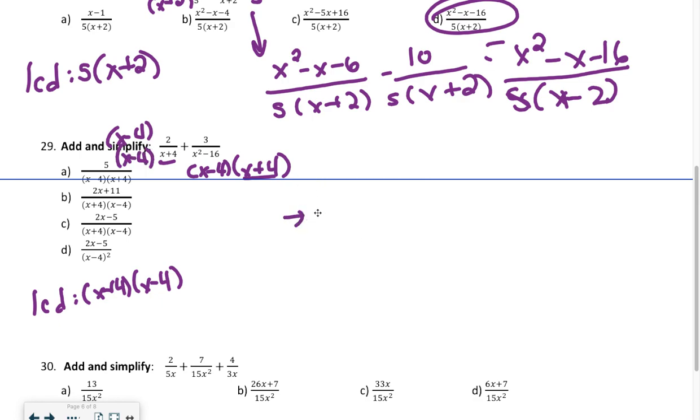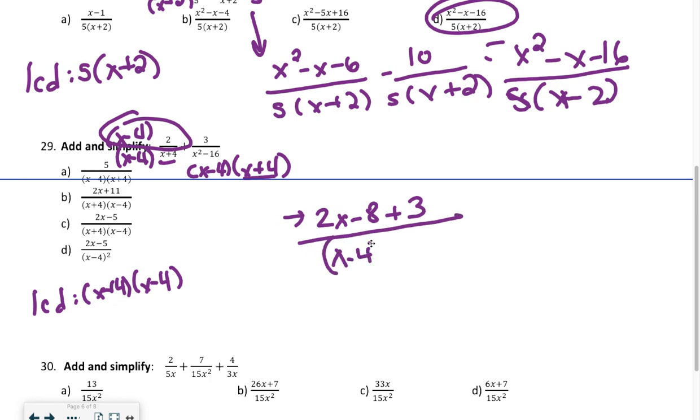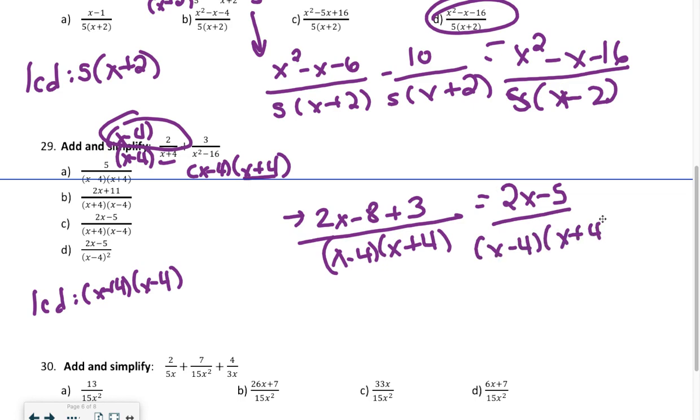Again, combining the numerator separately, when I distribute right here, I get 2x minus 8. I'm going to add in the second numerator because I'm not multiplying it by anything, and then over that common denominator. Combining like terms, I get 2x minus 5. And so just remember to combine those numerators separately first.